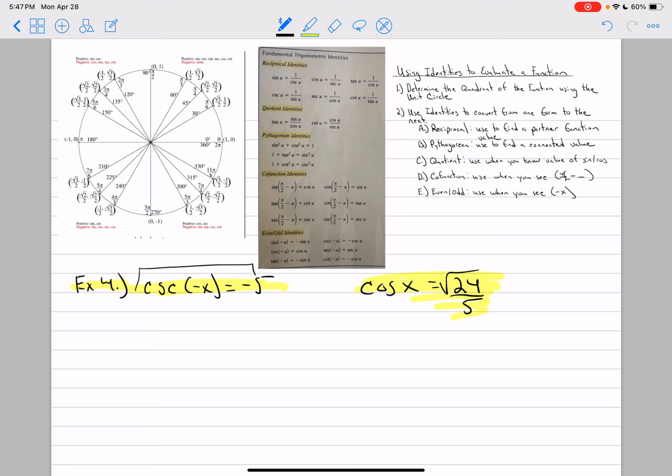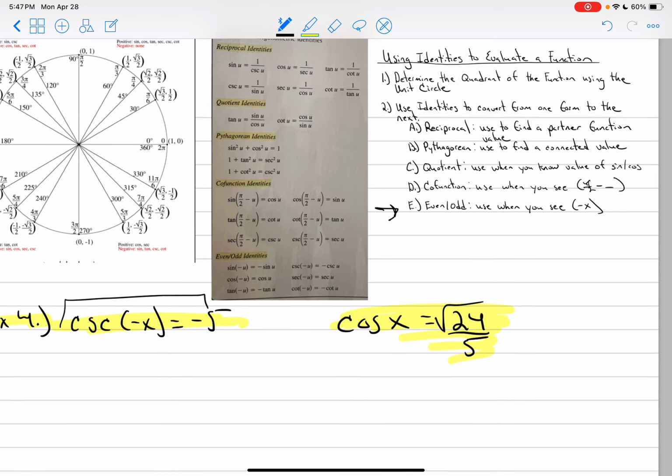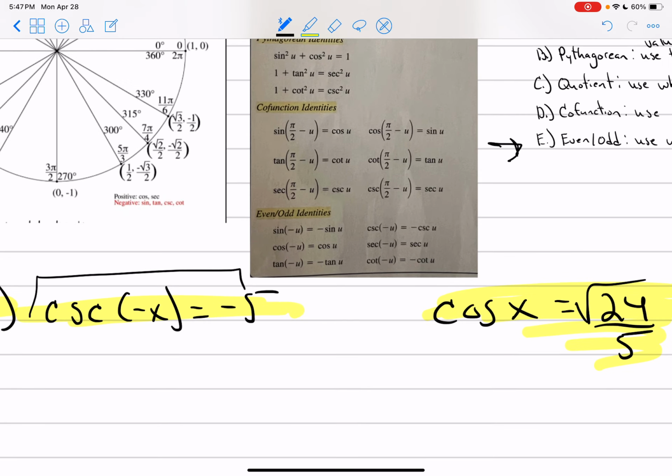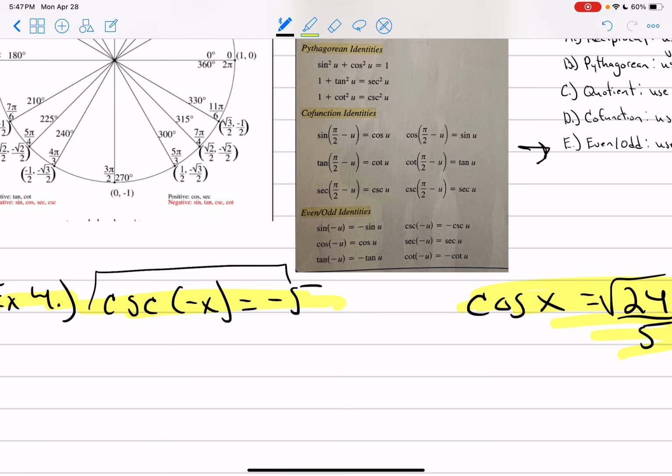Hopefully you were like, let's look at these even and odd identities when I see a negative x. Cosecant of negative u equals the negative cosecant of u. So this is the same as the negative cosecant of x equals -5.